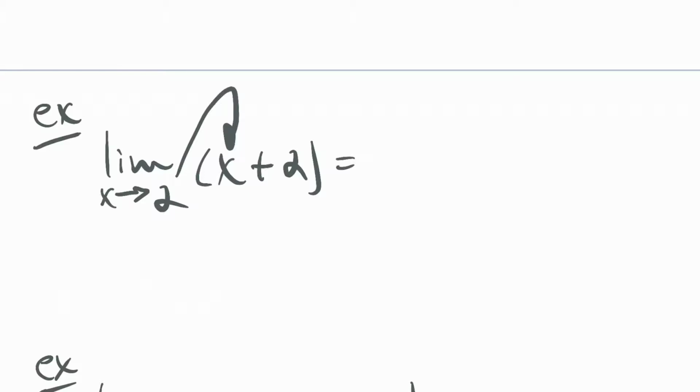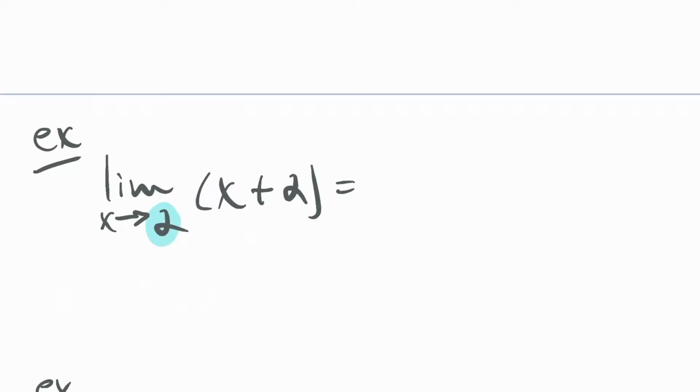In other words, when it happens that the number where x is going is in the domain of the function, then you can just plug it in and that will work. Okay. There are some exceptions, but generally you just plug it in. So this is 2 plus 2, which is 4. There are some technical details that we don't really need, so we're not going to worry about them.